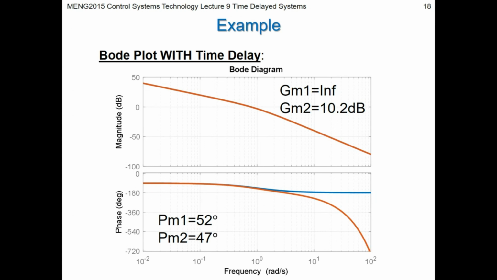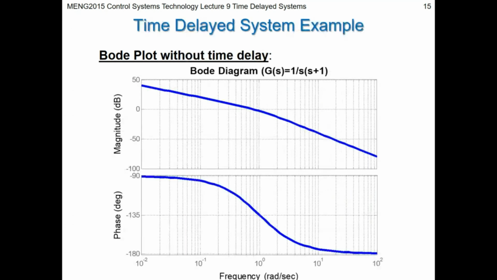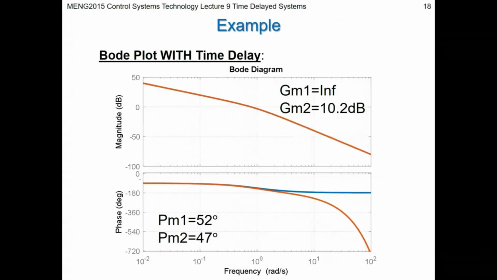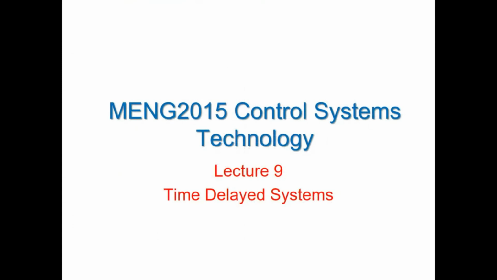Right, so that's the big difference between the two. So this is without the time delay. And you can see the scaling is totally different on the phase plot here. The scaling before was just 0 to minus 180, but we're now going down to minus 720. Alright, so that's the impact of pure time delay.